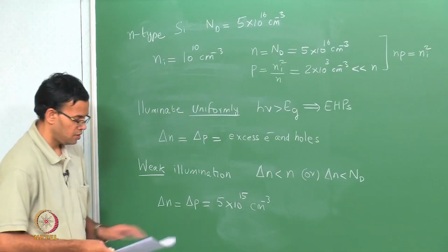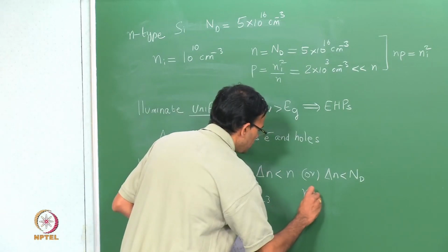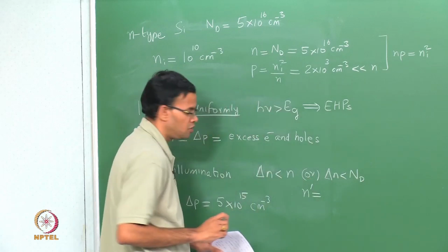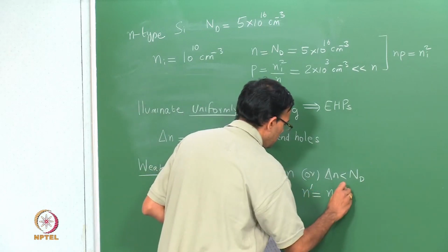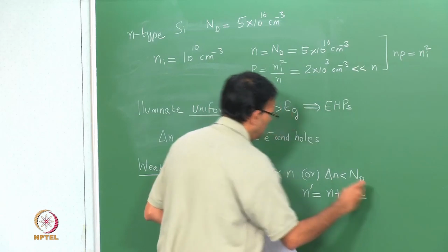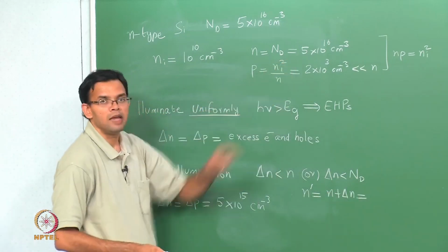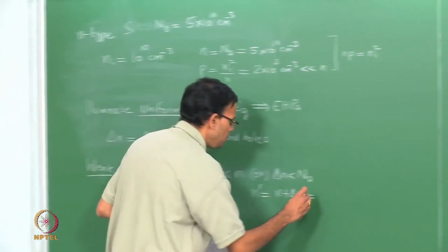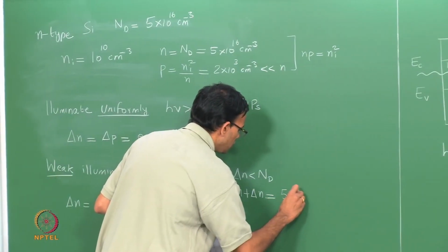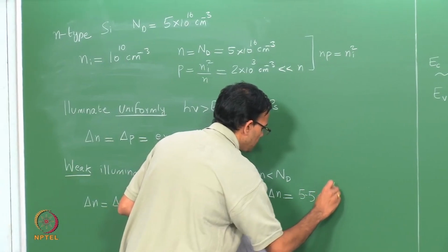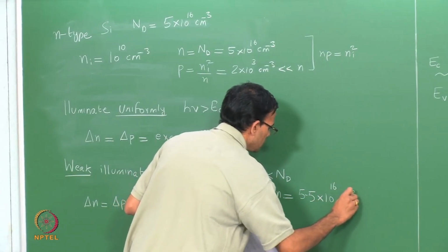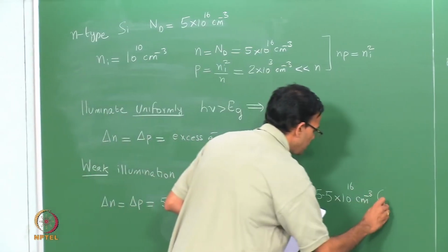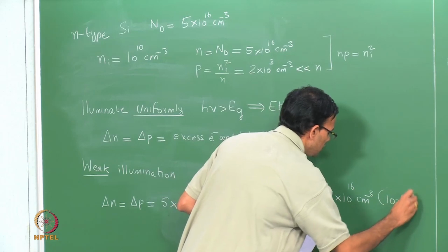If we have this, your new electron concentration, let me call it N prime, is N plus delta N. N is 5 times 10 to the 16, the excess is 5 times 10 to the 15. So, the new concentration is 5.5 times 10 to the 16, which is approximately a 10% increase.